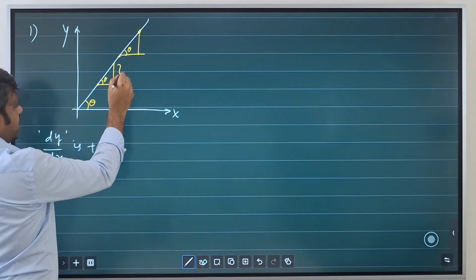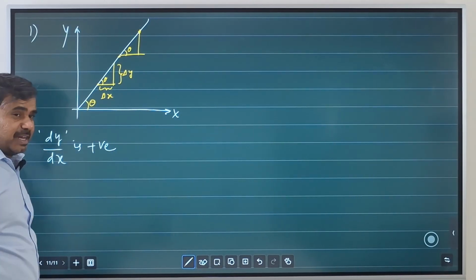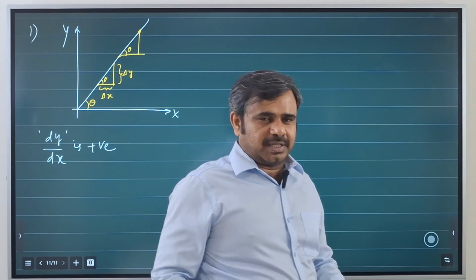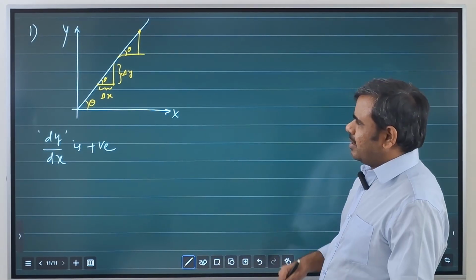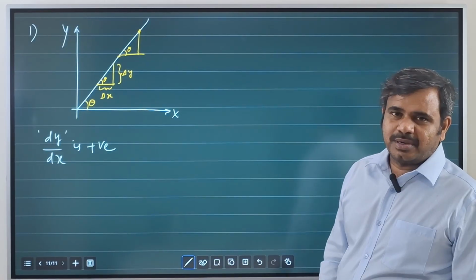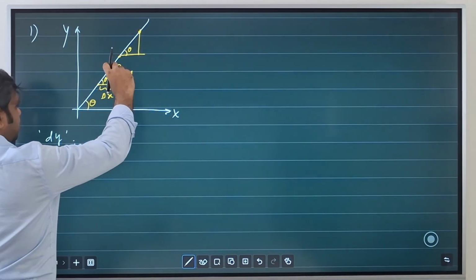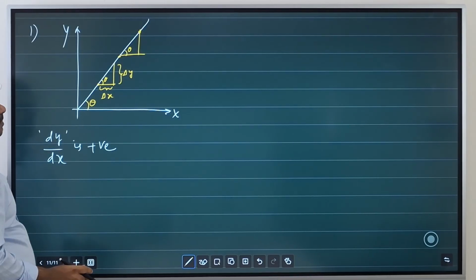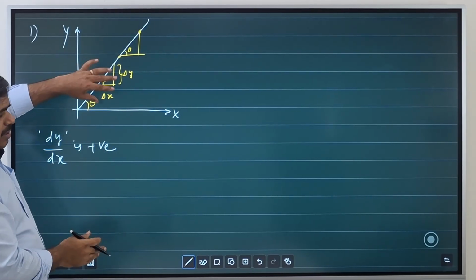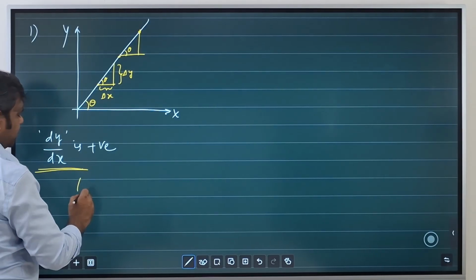So delta y by delta x is the same for any range of values of x. So theta remains the same whether you take a small right angled triangle or a big right angled triangle, whether you take small change in y and small change in x or large change in y and large change in x. We are getting the same value of theta.